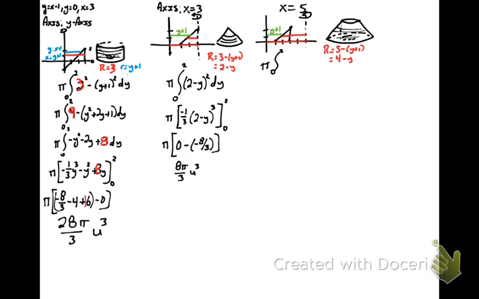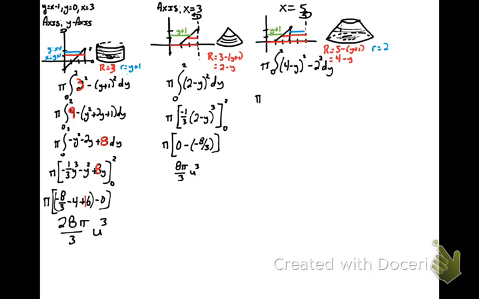Little r, I'll do in blue, is the distance from the inside of my curve to the axis. This is from 3 to 5, so little r has a value of 2. Setting this up then, I'll have 4 minus y squared minus 2 squared dy.